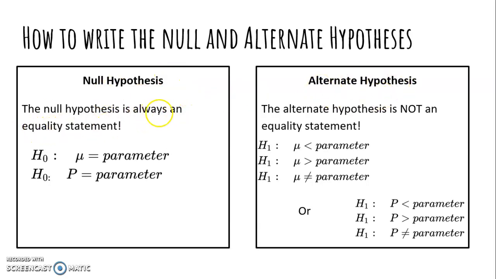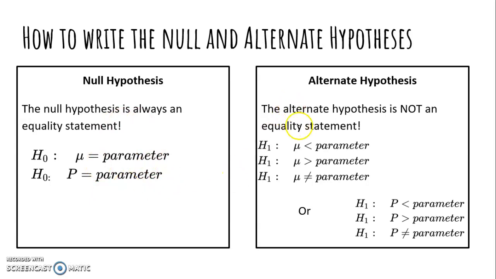For the null hypothesis statement, you'll start by writing the notation for null, H subscript 0, and then you will write your parameter symbol, mu or capital P. Mu is for population mean, capital P is population proportion, and set it equal to whatever number.